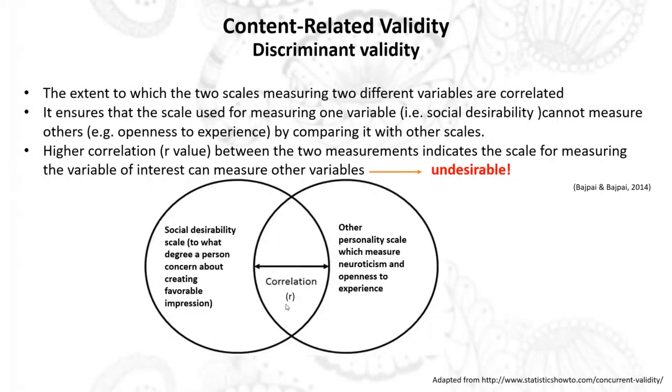Then it will be a disaster for you because you need to review the scale again, and all the questions again. So for discriminant validity, we want a low R, as low as possible, because it demonstrates that the social desirability scale is distinct from other personality scales. If you have such results, then you can convince others scientifically that your scale only measures social desirability.